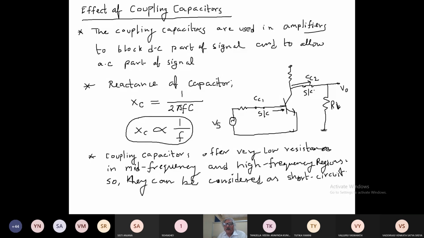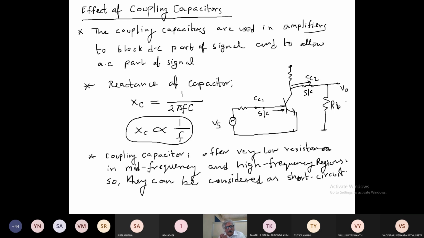Again, since we are operating our transistor amplifier at mid frequency and high frequency region, this coupling capacitor is also short, right? So there is no voltage drop across this short coupling capacitor number 2. You will find the whole output is available at the final output across the load resistor RL, right?